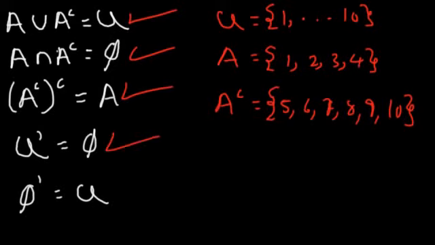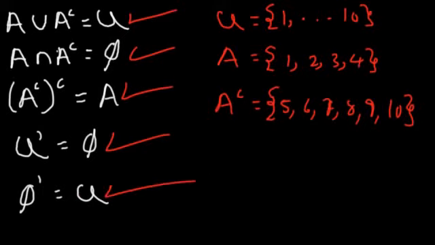So this is also true. Now the last one is the empty set prime. This will simply equal the universal set, because what it really means is elements that are not in the empty set but in the universal set. So it's going to be all the elements. Therefore, the result is the universal set. So this is also true as well.